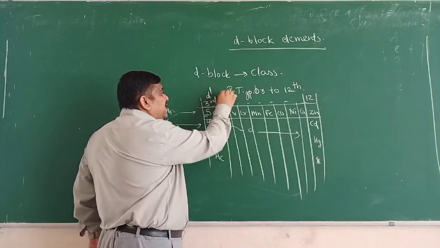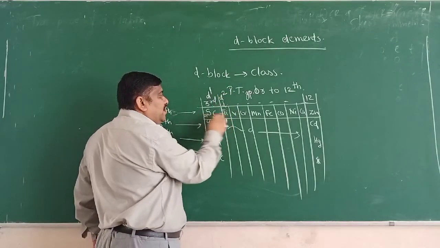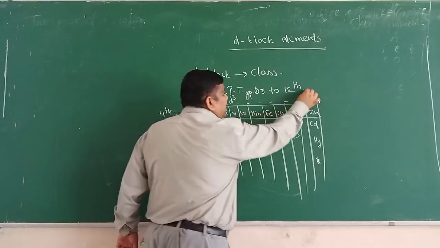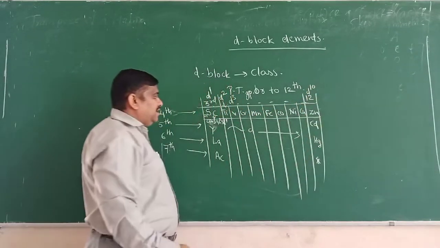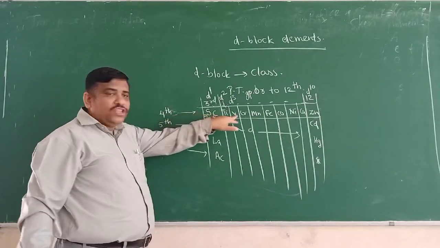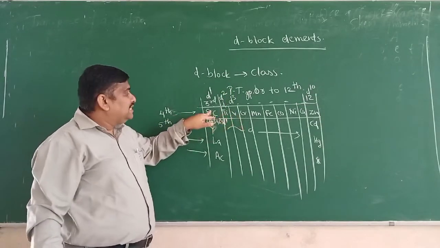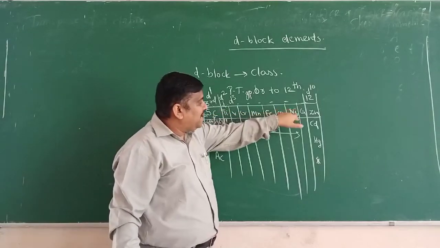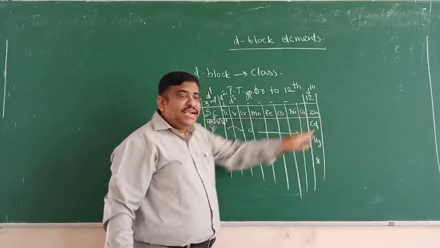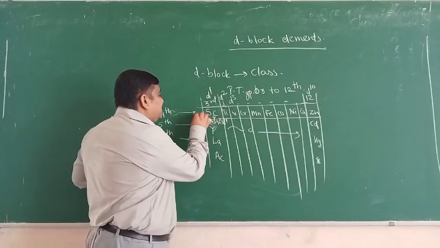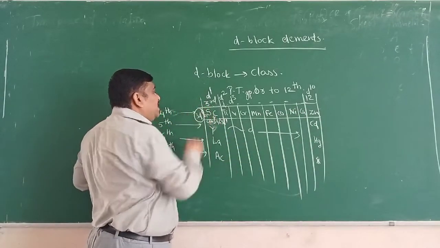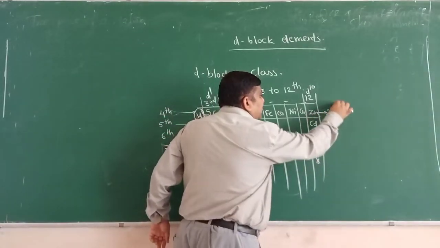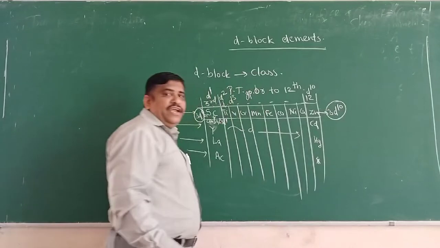If you go to titanium, 3d2, vanadium 3d3, likewise up to 3d10. So the 4th period elements, scandium, titanium, vanadium, chromium, manganese, iron, cobalt, nickel, copper and zinc, start from 3d1. Scandium starts from 3d1 and zinc ends with 3d10.